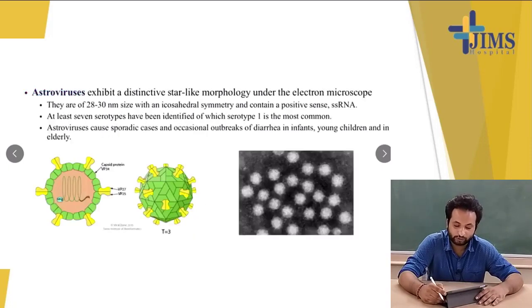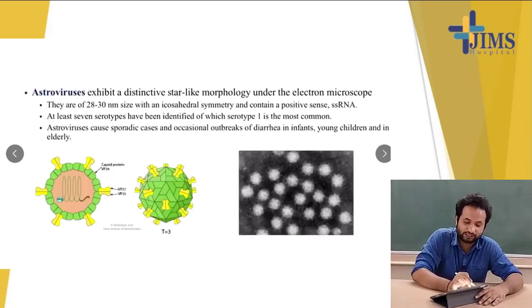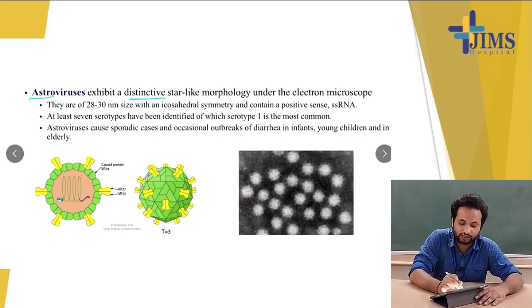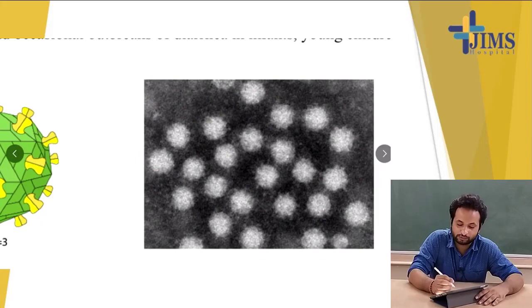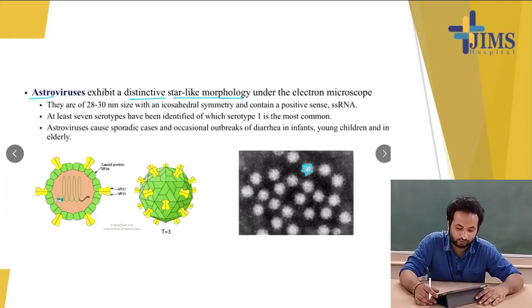Then there is Astrovirus, which as the name suggests, Astro, has a distinctive star-like morphology under electron microscope. So this is your star-like morphology. That's why it is known as Astroviruses.